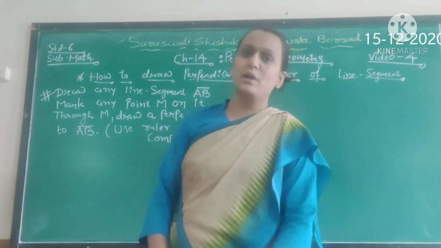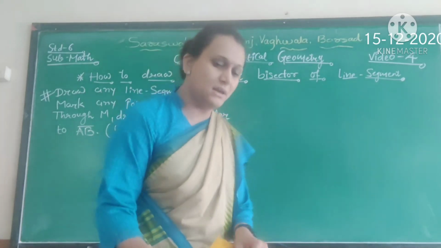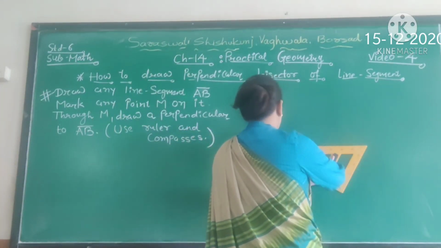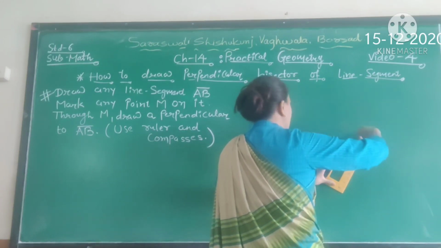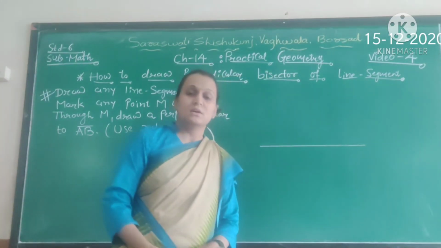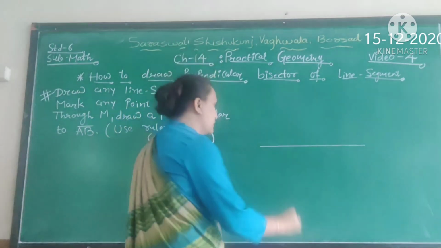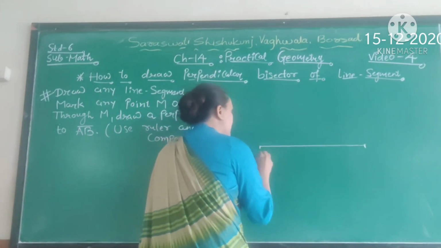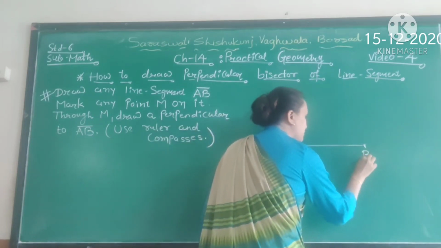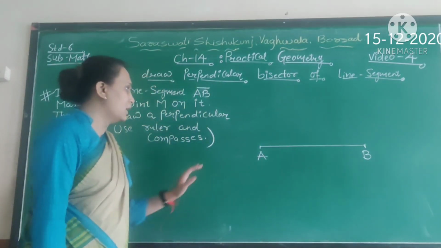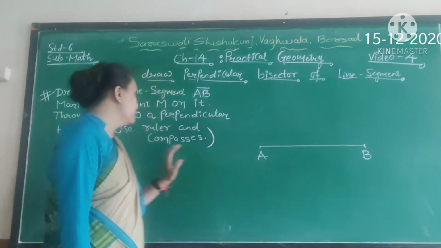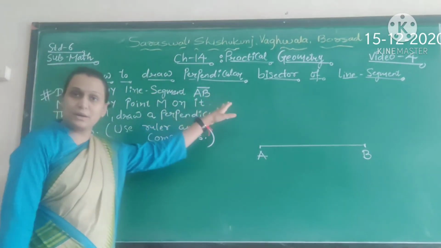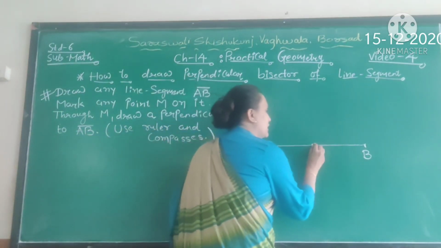So first we are going to draw line segment AB with the help of the ruler. Like this, first you can draw a line segment AB. See, the measurement is not given, so you can take any measurement. Let us name it A and B. Now on line segment AB we want to take point M, here in the middle.